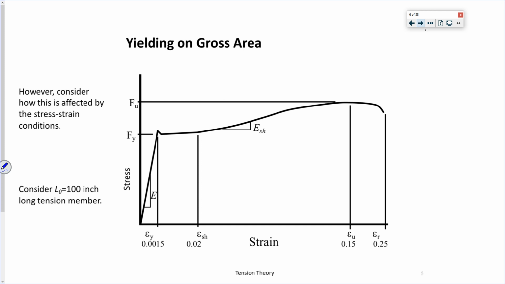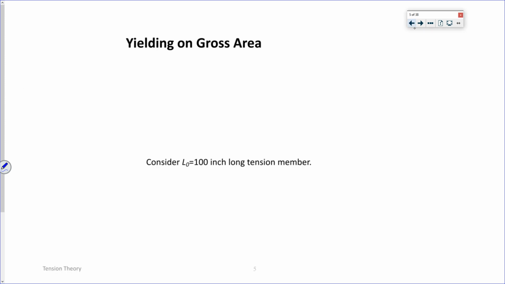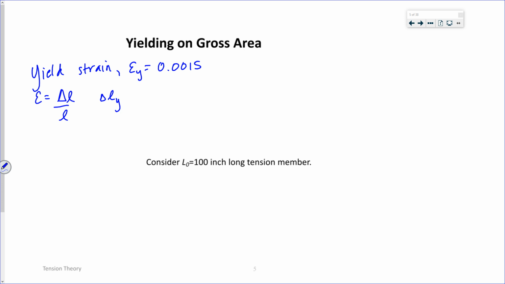If I want to first look at my yield strain, which occurs when I hit yield stress, the elongation associated with that, if epsilon equals delta L over L, then delta L at yield is equal to epsilon_y times my length.